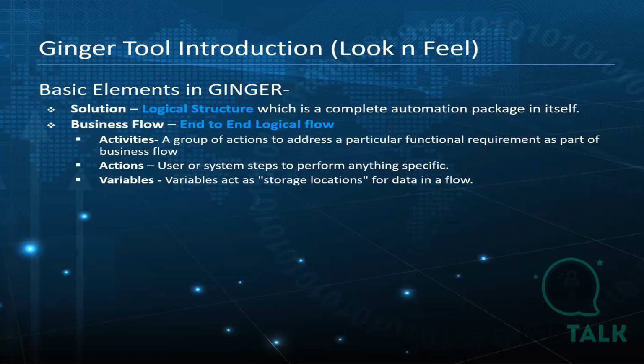So these are the different activities like login, like create payment, like make a payment. These can be the activities which are nothing but groups of actions. Now each activity has different actions. The actions are nothing but the steps. To perform any specific operation, you need to write a step, and that step is nothing but your action.